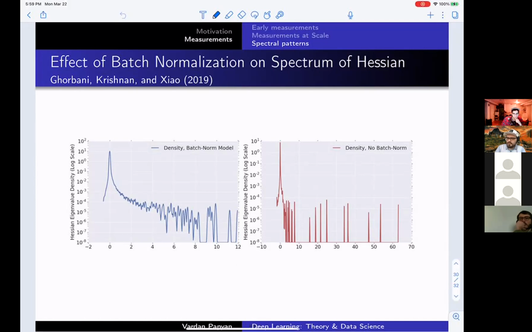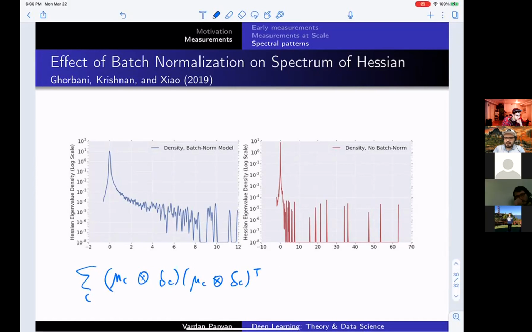Take your features and take your labels and calculate feature class means mu c. Calculate the Kronecker product with your backprop errors, let's say delta c. And then just calculate this quantity. This would give you the subspace of the class means. So you don't need your class mean information to be larger than the bulk for you to estimate it.